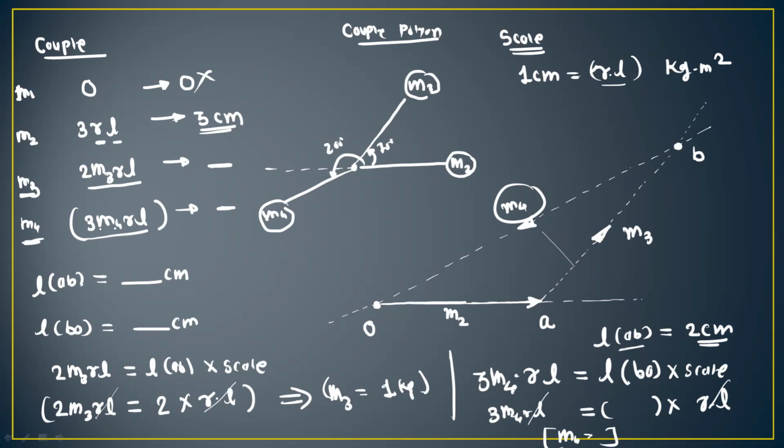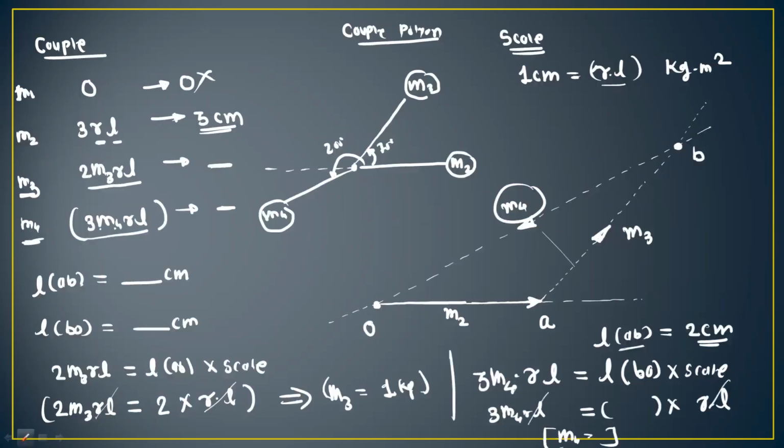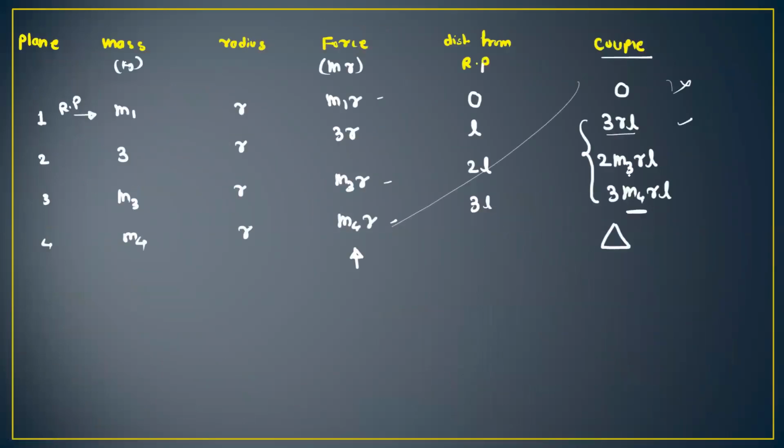From the couple polygon. And to find out the mass M1 and its angular position, okay, we have to draw the force polygon. So from the couple polygon diagram, you will get the answer for M3, M4. Okay, put this value in this equation.